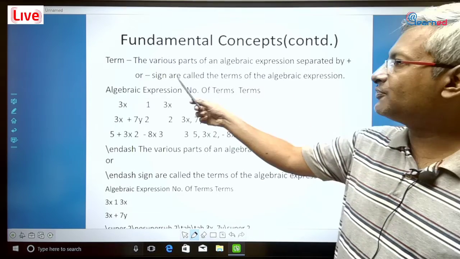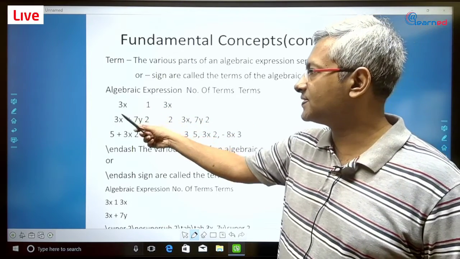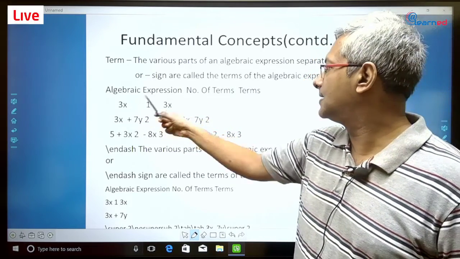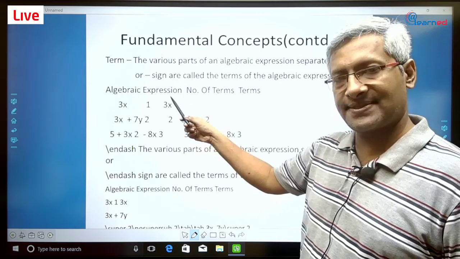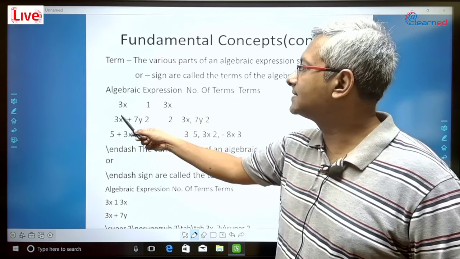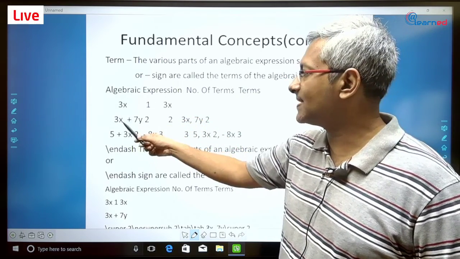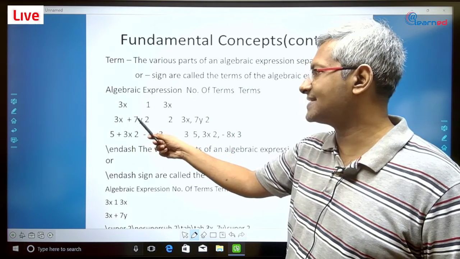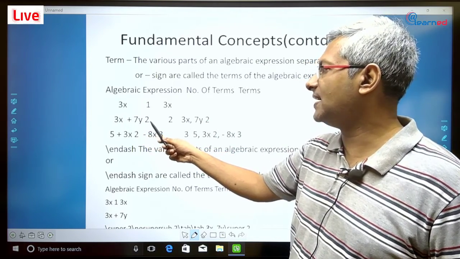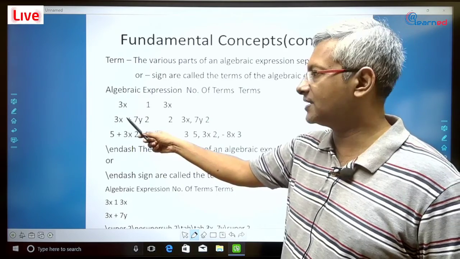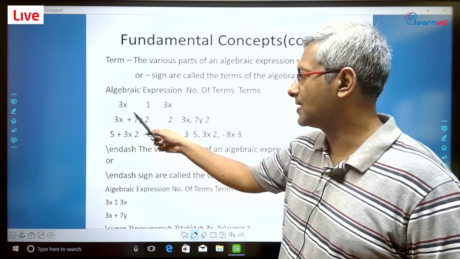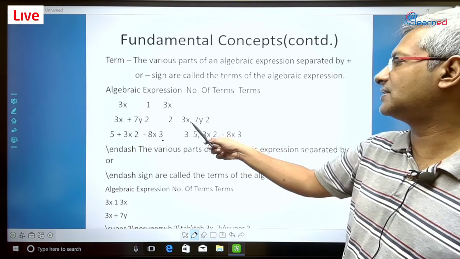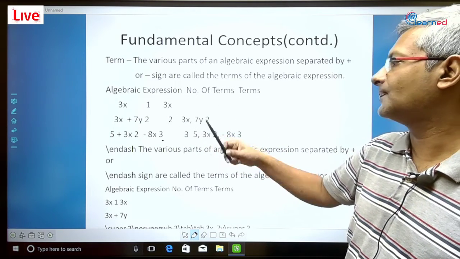For example, if we have the algebraic expression 3x, then the number of terms is 1, and that term is 3x. In the algebraic expression 3x plus 7y, we have two terms, 3x and 7y, which are separated by this plus sign.